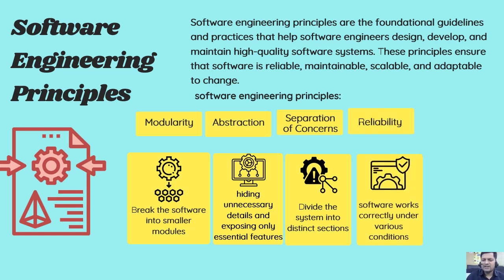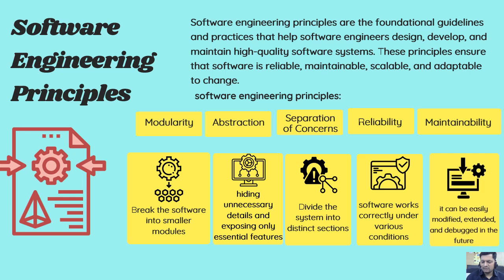Reliability: software works correctly under various conditions. Maintainability: when we talk about maintainability, it can be easily modified, it can be extended, and in future it can be debugged very easily.